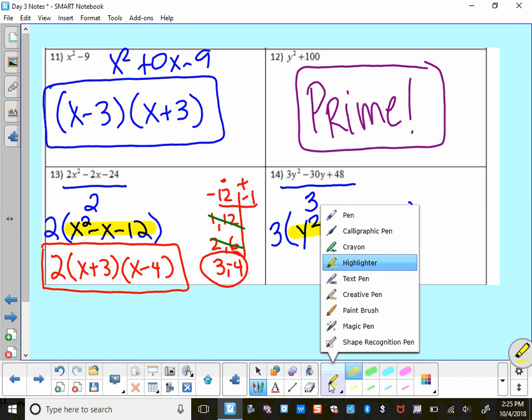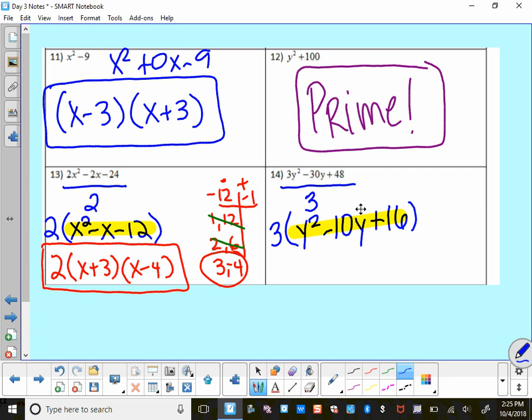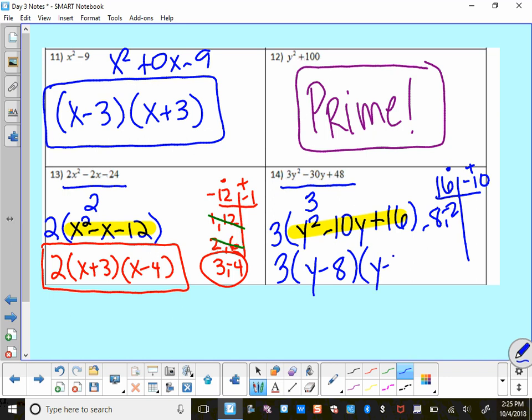I want two numbers that multiply to give me 16 and add to give me negative 10. 8 and 2, both negative, right? So my answer is y minus 8, y minus 2. You guys get this? Okay.